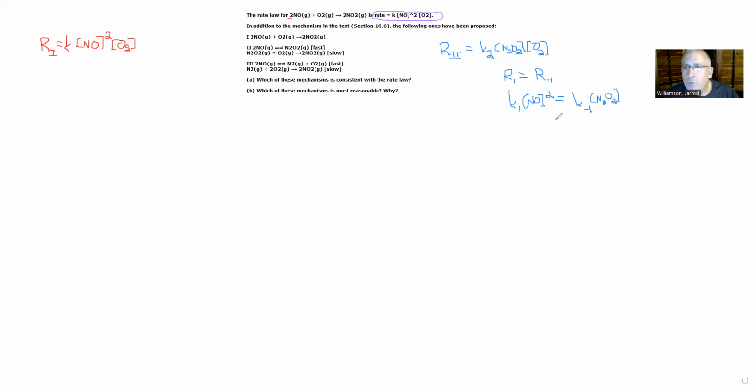So I can algebraically rearrange: [N2O2] is the same thing as k forwards over k backwards times [NO] squared.